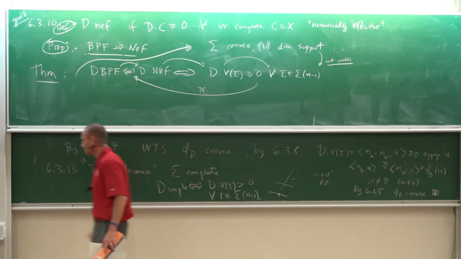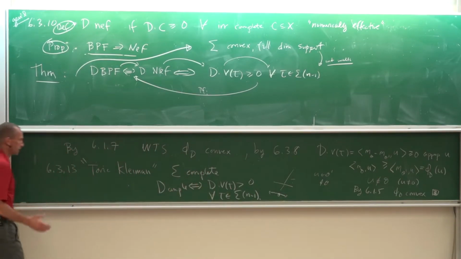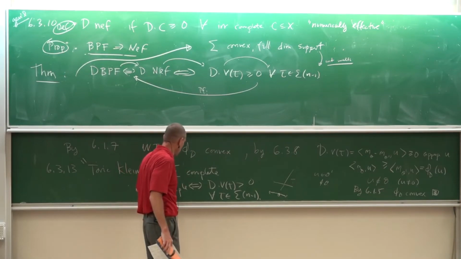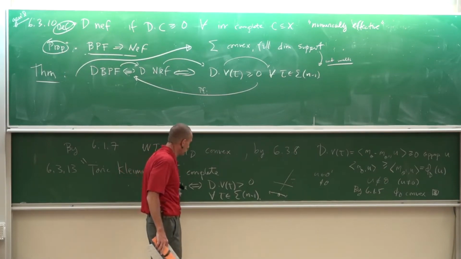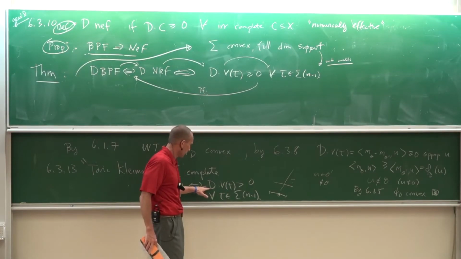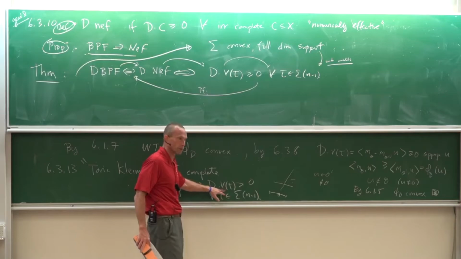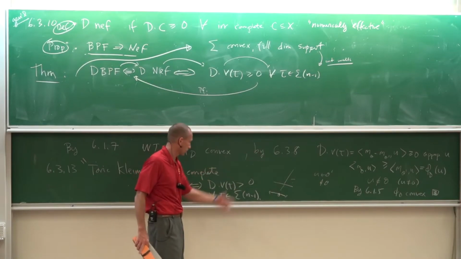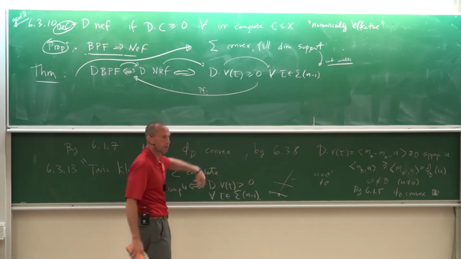So again, the intuition for this: one direction is easy and intuitive, and that is that if D is ample, some power is very ample, and some power of this times V of tau is going to be exactly the degree of the corresponding curve in the projective embedding, and it better be a positive degree if you've actually got an embedding, because a curve has to go to another curve.